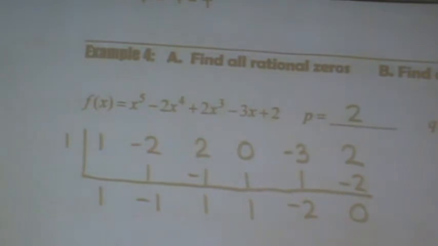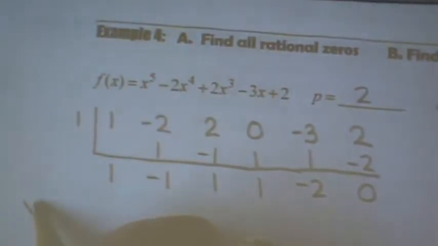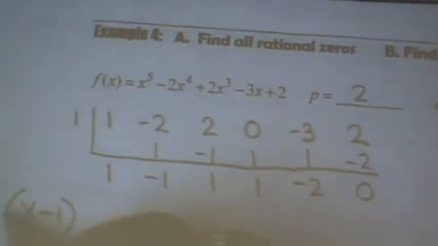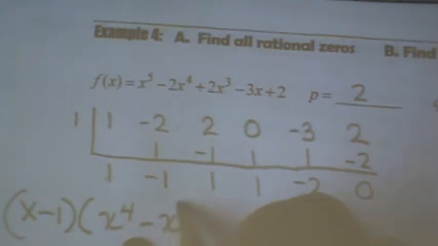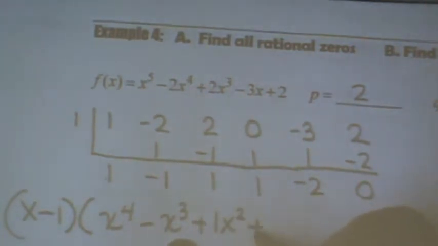So now at this point, I could try 1 again. Let's start breaking it up. If 1 works, we've got x minus 1. What's left here is 1x to the 4th minus x cubed plus x squared plus x, and then minus 2.